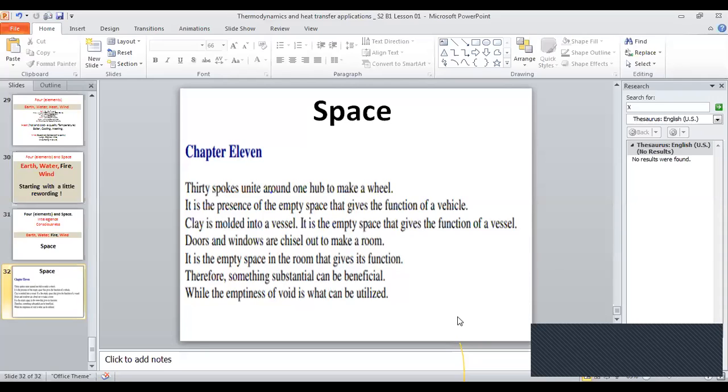The first thing is you should see the space, the integrity of the space of the chair. You have to see more than that. Then only you can be creative. Understand?